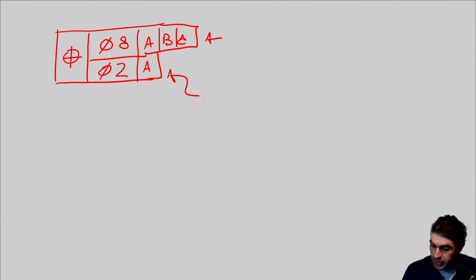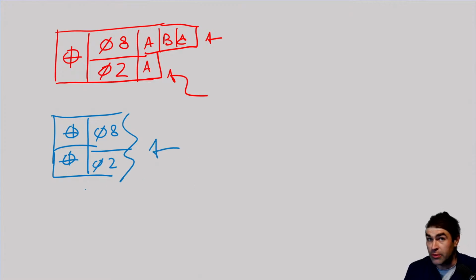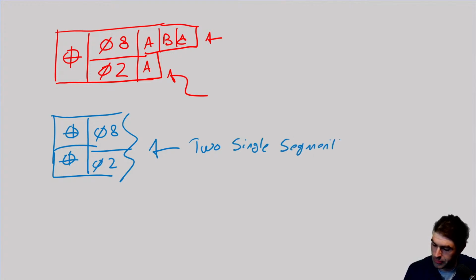Okay. So let's talk about the difference here. If you have two symbols, that is in the ASME system very cleverly called two single segment. If you have a single symbol, that denotes that it's a composite.